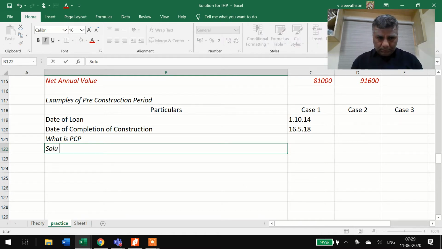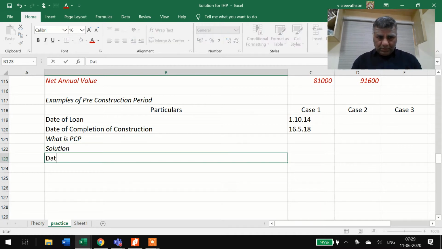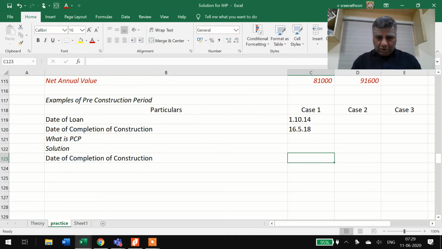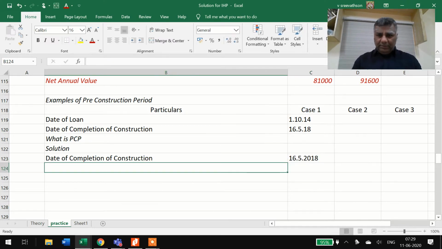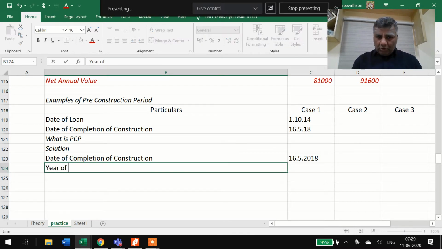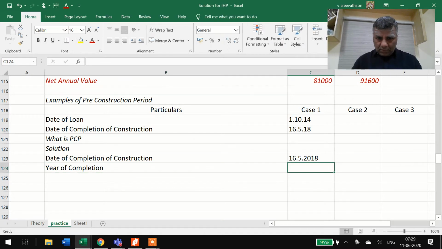Solution. Date of completion of construction 16/5/2018. Year of completion: 16/5/2018 falls in which year, my dear friends? 1819, sir.